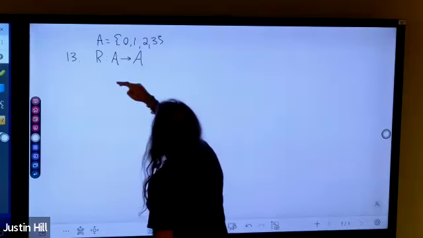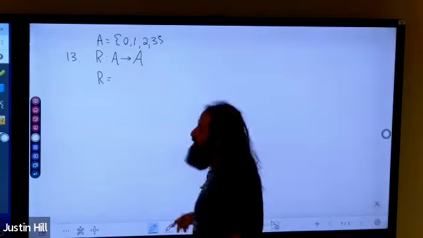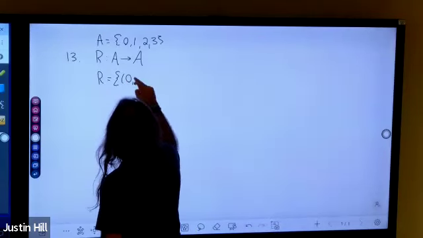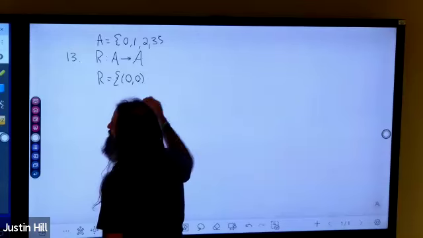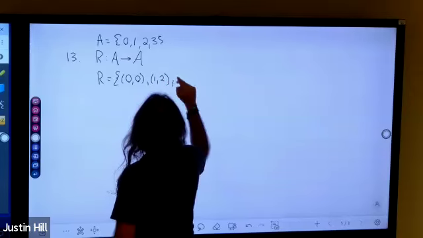And here, instead of giving you a rule of the relation, they just give you the relation. R is (0, 0), (1, 2), and (2, 2).